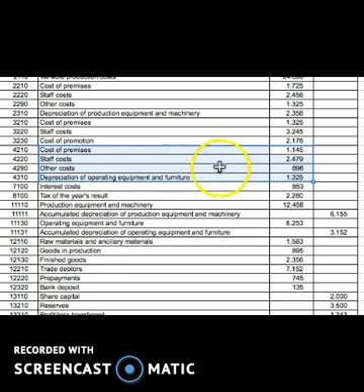That cost includes these. So if we take these four, we have the 5,845 as we talked about.